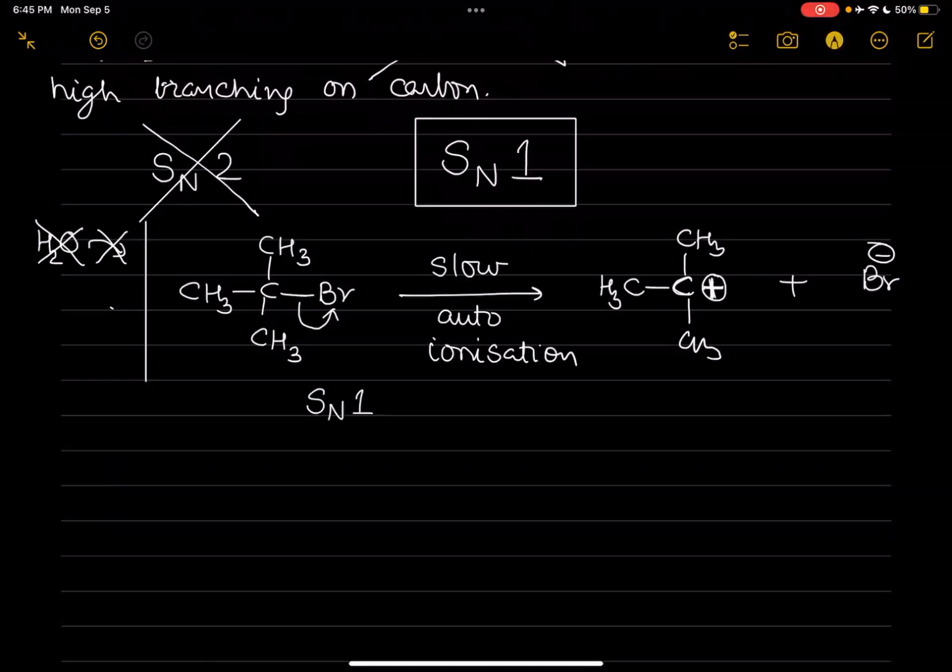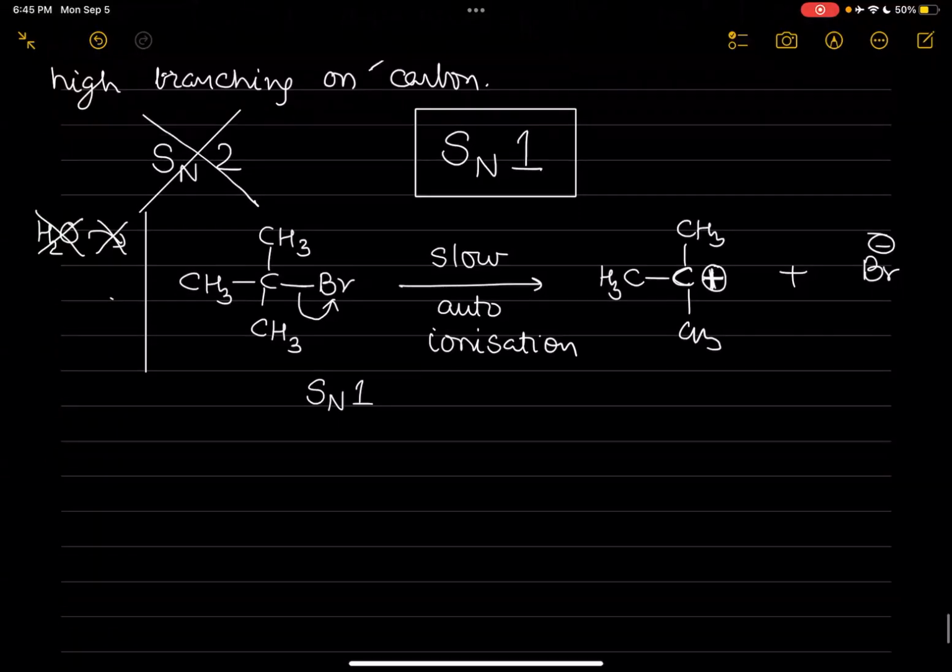So in the SN1 mechanism, it doesn't happen directly. Ryan, am I audible? Are you getting what I'm saying? Yes. SN1 doesn't happen directly. Okay. So how does it happen, what is the first most crucial step of SN1?